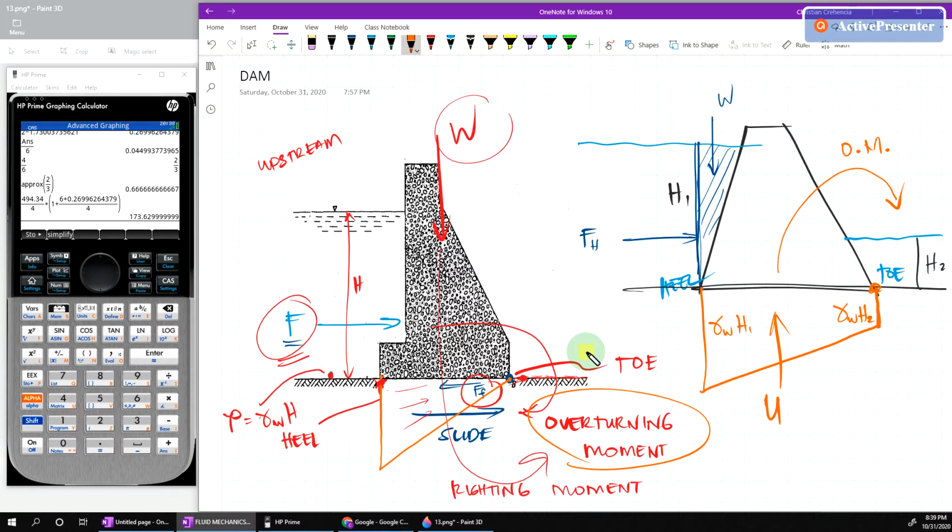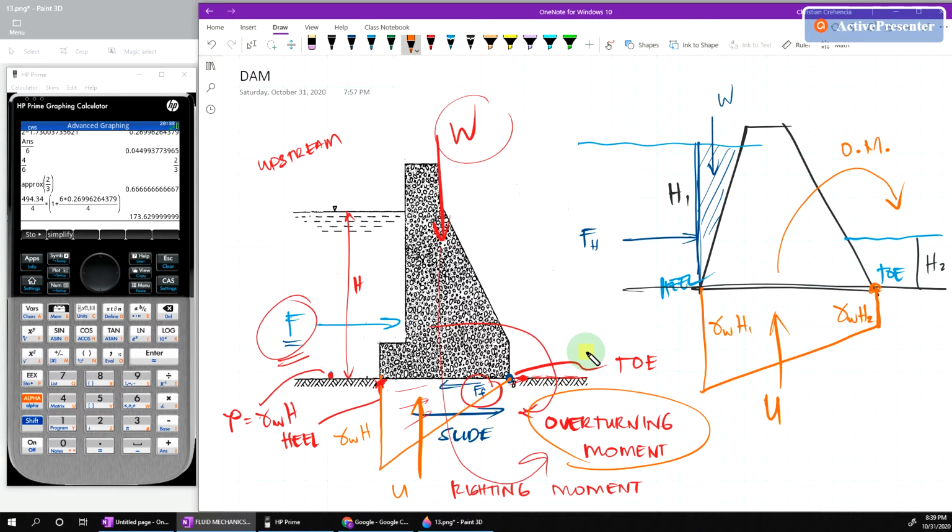So pwede na sabihin na, since this varies linearly from maximum, so this is unit weight ng water times ng height, then 0 tayo dito sa point B sa toe. Then yung uplift force is simply equal sa volume nitong pressure diagram. Okay, so mamaya magkaroon tayo ng example.